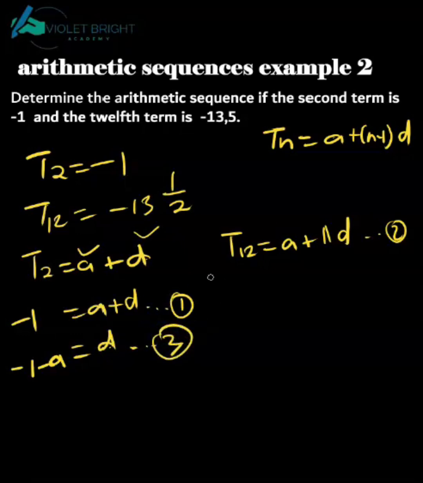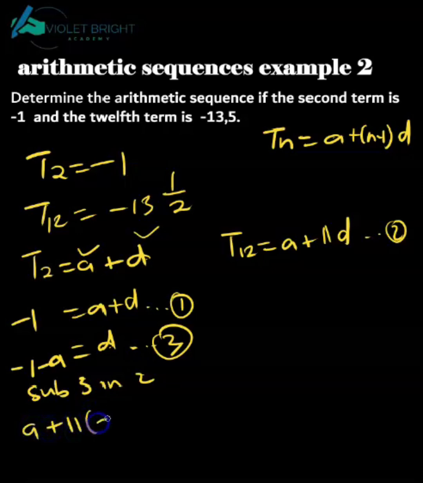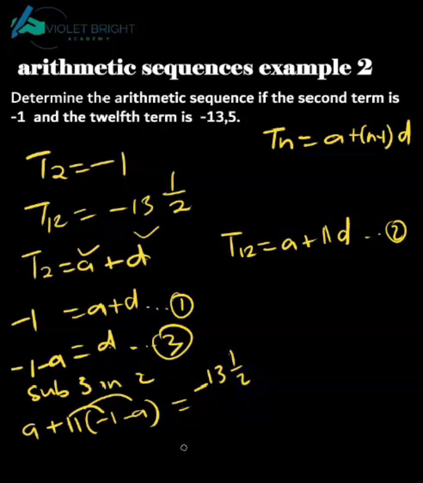So let's substitute our third equation into the second equation. So it's going to be a plus 11 times (-1 - a). So here just do factorizing. You know that the 12th term is -13.5.